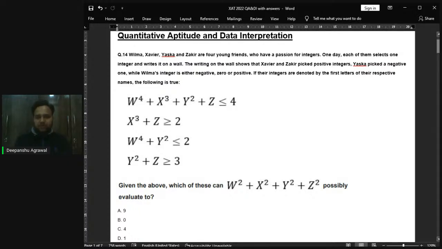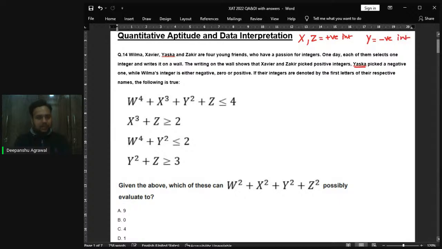So we have to remember that X and Z will be positive integers, right? Now Yaska picked a negative one. So that means Y has also picked an integer, but a negative integer.